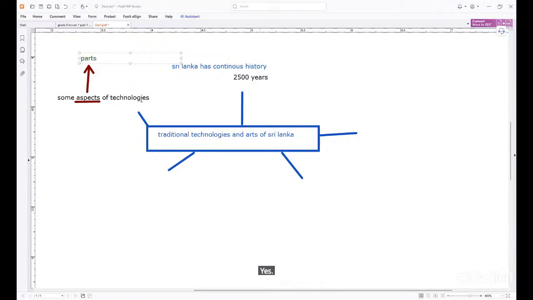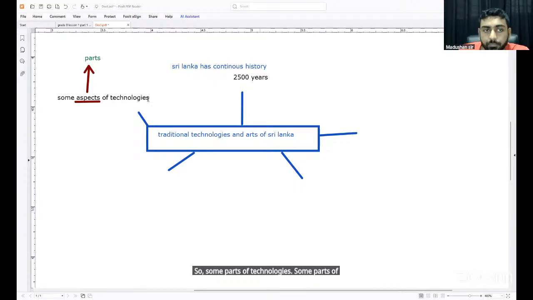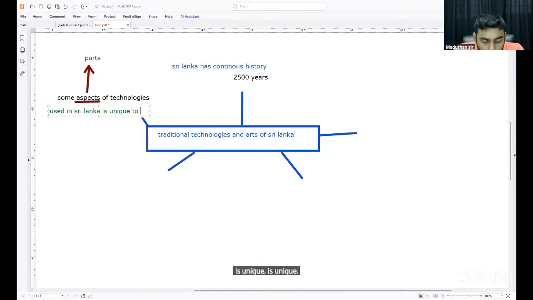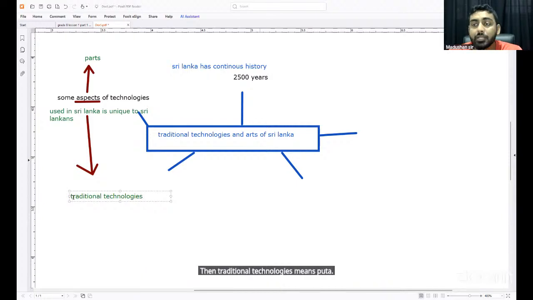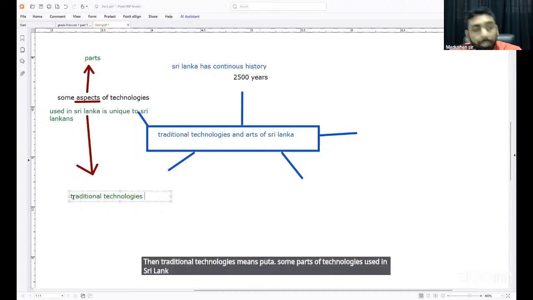So some parts of technologies we used in Sri Lanka are unique to Sri Lankans, and they were known as traditional technologies. Then traditional technologies means some parts of technologies used in Sri Lanka that are unique to Sri Lankans.